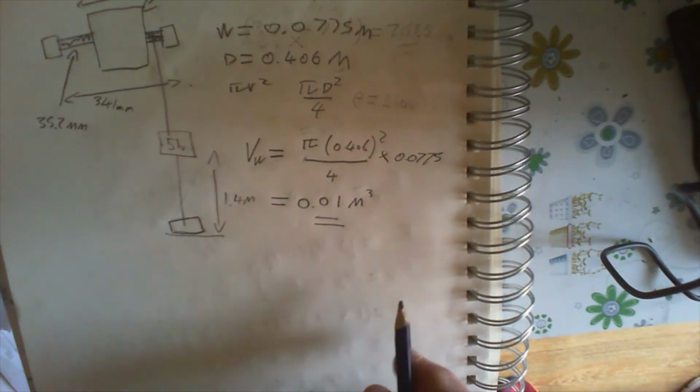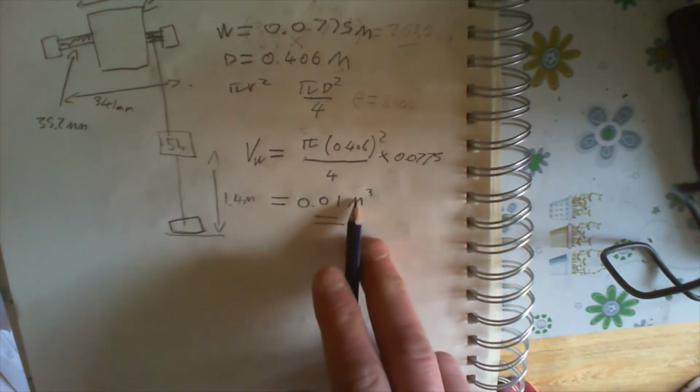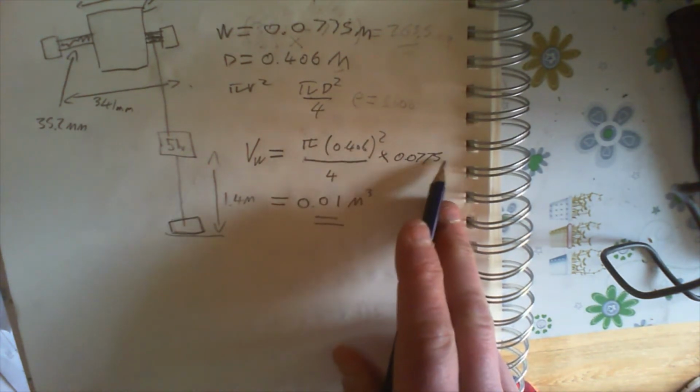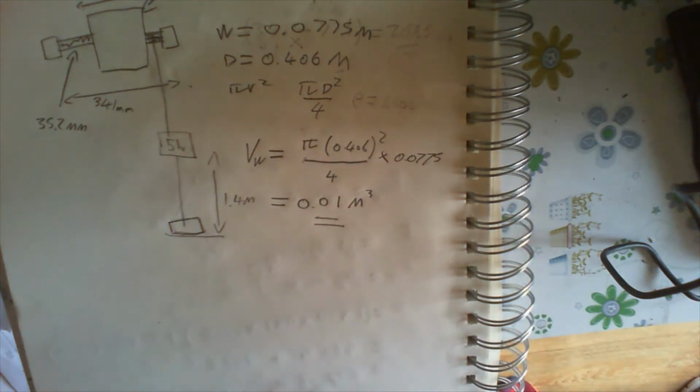If that's meters squared times a meter, it's going to be meters cubed. Anyway, it's a volume, of course.